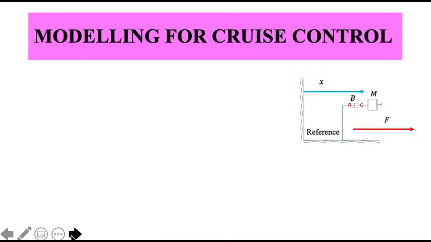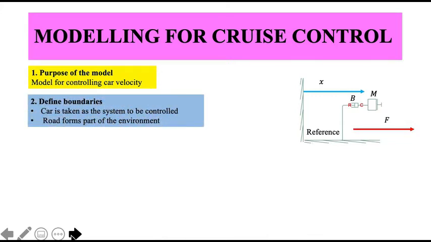So if we go back to the steps of modeling, the first step would say, well, what is the purpose of a model? The purpose of the model is to understand the velocity behavior and therefore the control of velocity. Then how do we define the boundaries? We look at the car as a system to be controlled, and it travels on a highway or a road that forms a part of the environment.